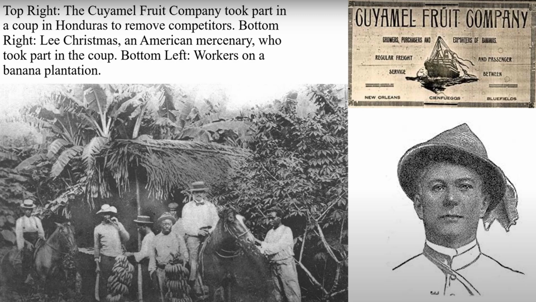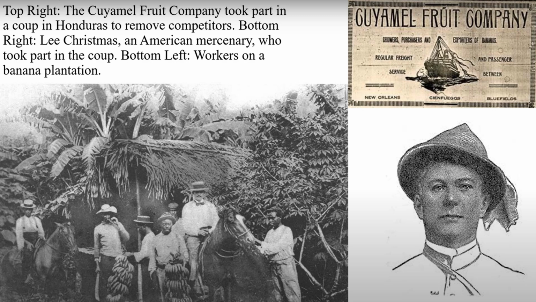In 1912, an American mercenary named Lee Christmas helped to lead a military coup against the Honduran government. The Cuyamel Fruit Company did this to basically remove their competition, the United Fruit Company, from Honduras. Of course, in the 1950s, the United Fruit Company would orchestrate a coup in Guatemala with the assistance of the CIA. Military interventions by the United States and actions by private American citizens were often devastating to these developing countries, which in many cases already had significant financial problems.